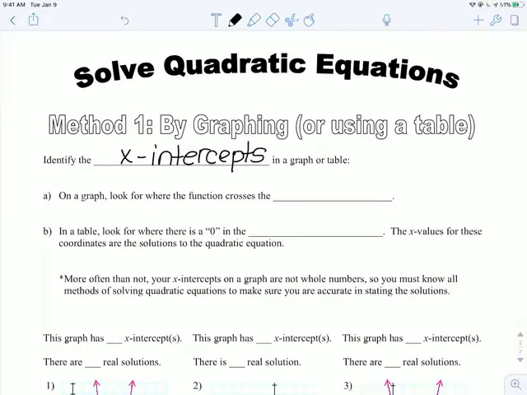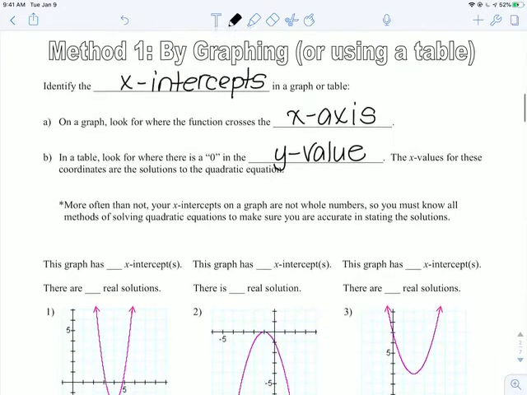So on the graph, you want to look for where the function crosses the x-axis. In a table, look for where there is a 0 in the y value. The x values for these coordinates are the solutions to the quadratic equation.